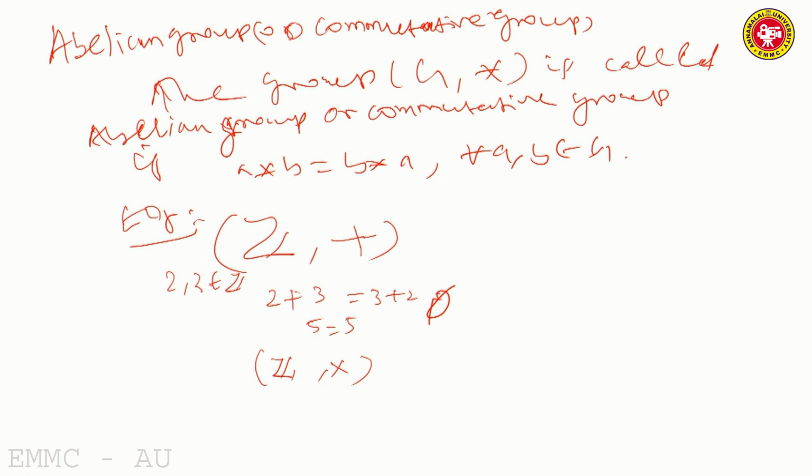Subgroup. Before that, we give a problem. As a check, the multiplication of real numbers forms a group of order 2.